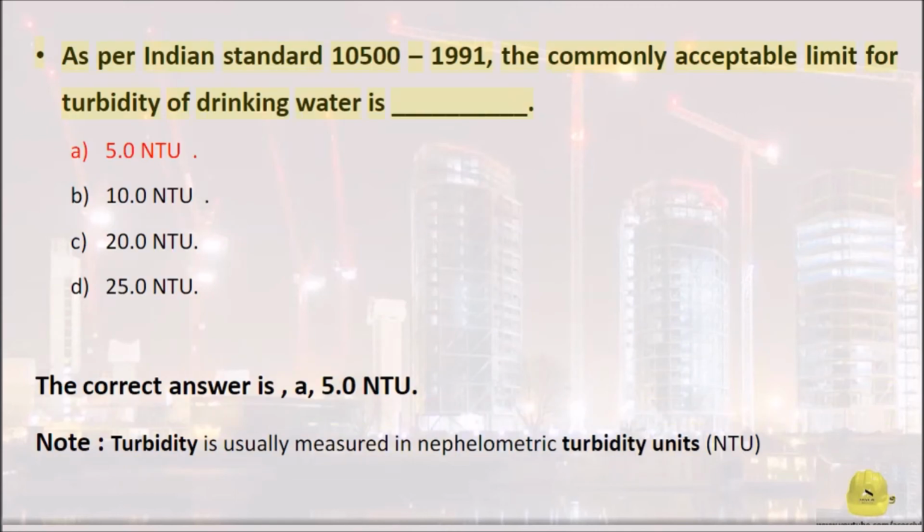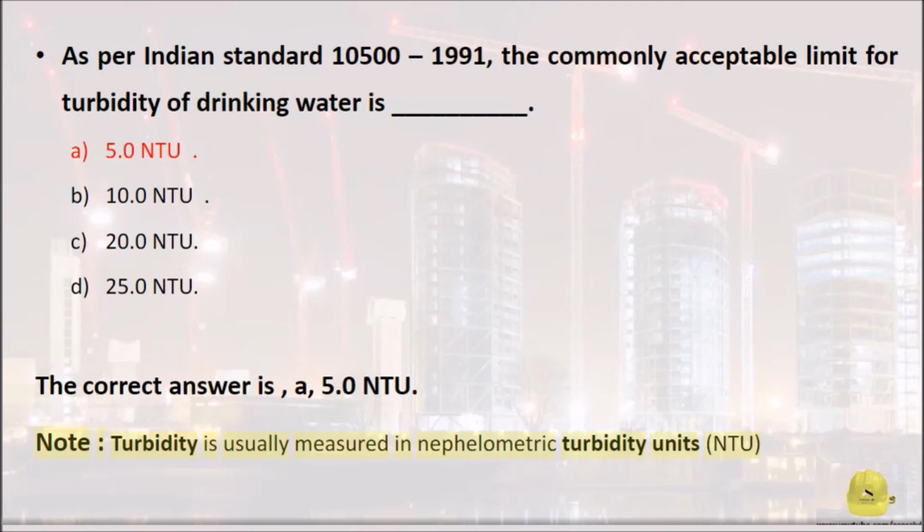As per Indian Standard 10500:1991, the commonly acceptable limit for turbidity of drinking water is: A. 5.0 NTU, B. 10.0 NTU, C. 20.0 NTU, D. 25.0 NTU. The correct answer is A. 5.0 NTU.